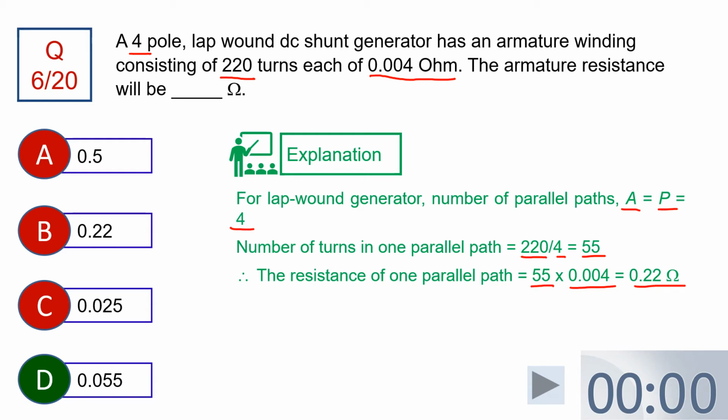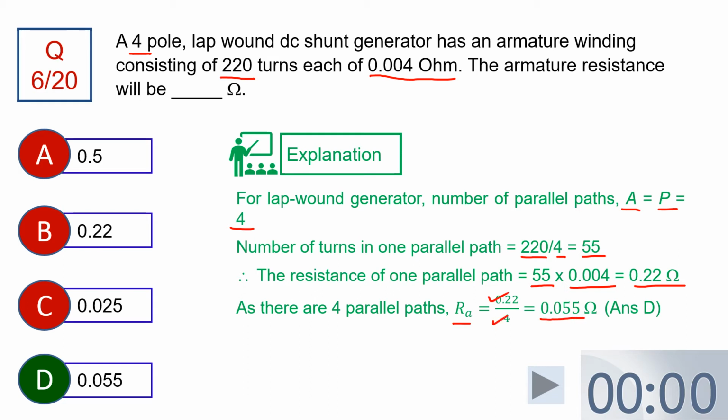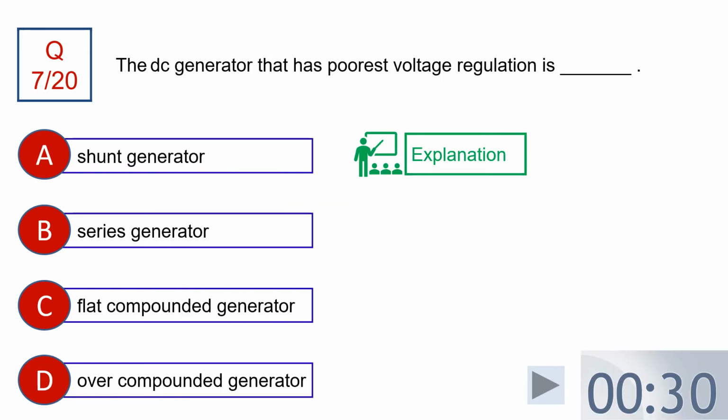Now such four paths are connected in parallel, and therefore equivalent resistance of armature, that is Ra, it must be equal to 0.22 divided by 4, which is equal to 0.055 ohm, and therefore option D, it is the correct answer. Question 7.